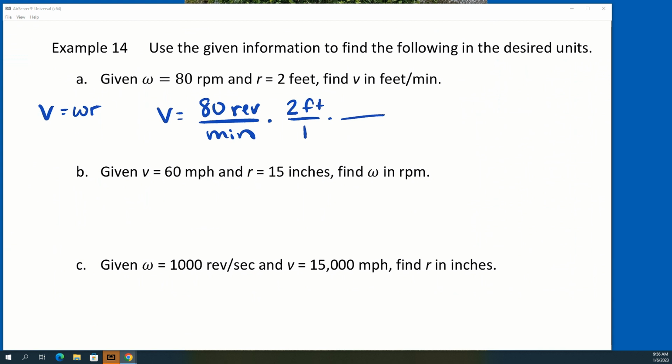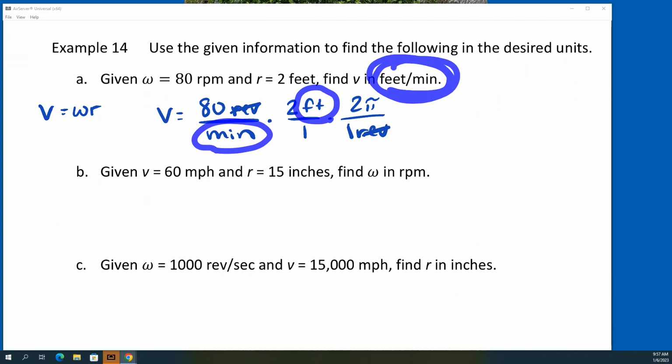Radians. So I want to change revolutions to radians. So where would I put the revolutions? On the bottom, because originally revolutions is on the top. And then how many radians are in one revolution? 2 pi. Okay. And then I'm just going to double check my units. What I have is feet per minute. That's what I want. Feet per minute.